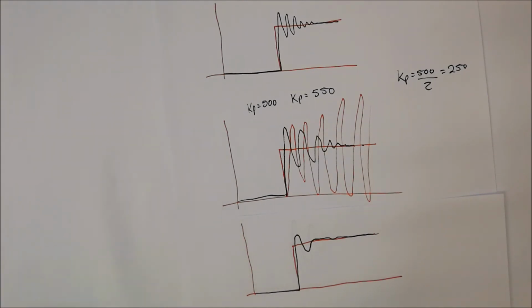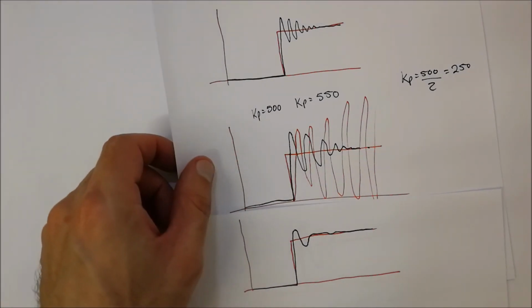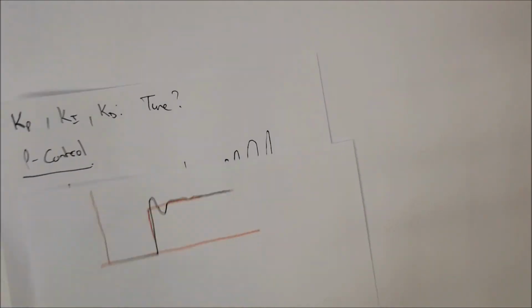Okay, so now we've got our KP value, and we'll leave it at that. Once we've done that, we will then start looking at the integral controller.